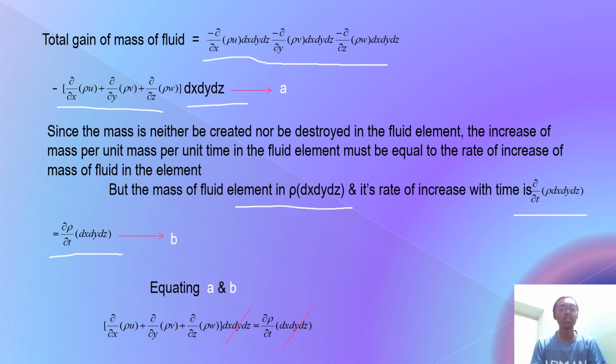By these two equations, A and B, we obtain the equation del by del x of rho u plus del by del y of rho v plus del by del z of rho w, into dx dy dz, is equal to del rho by del t into dx dy dz. Dx dy dz is common in both LHS and RHS, so we will cancel it.